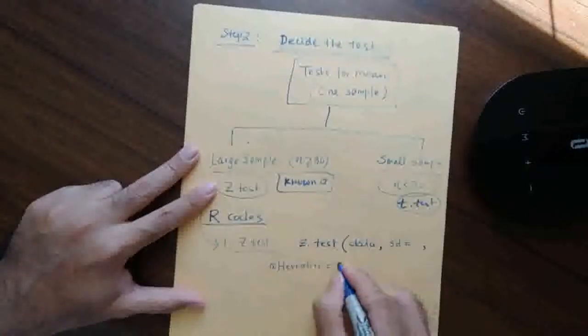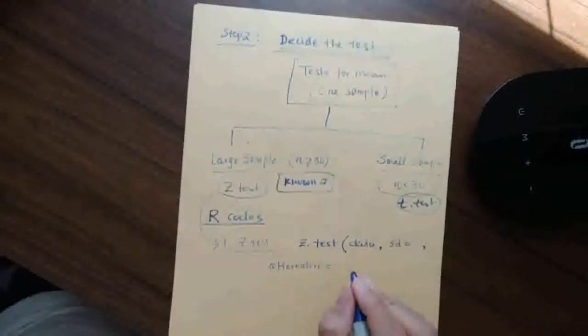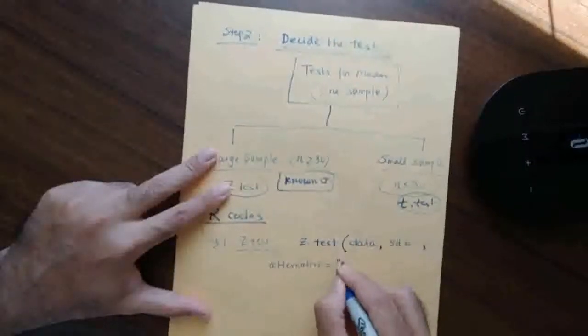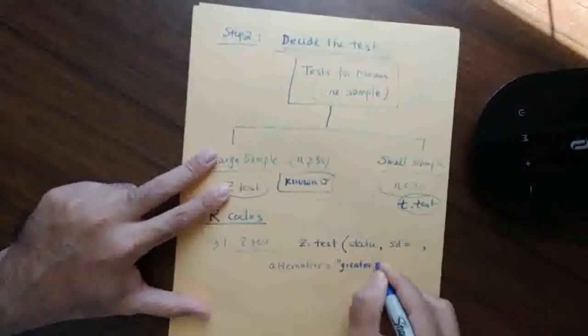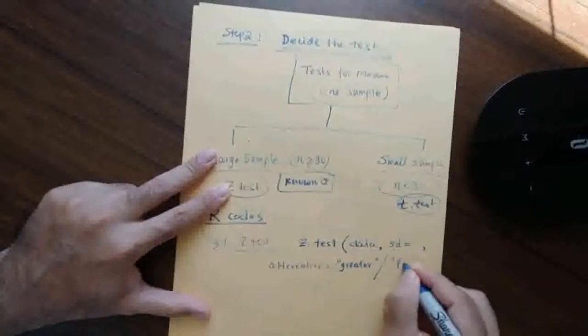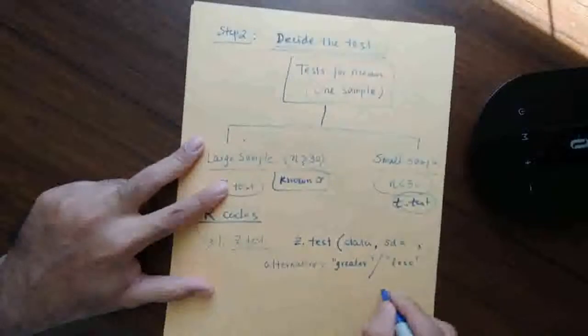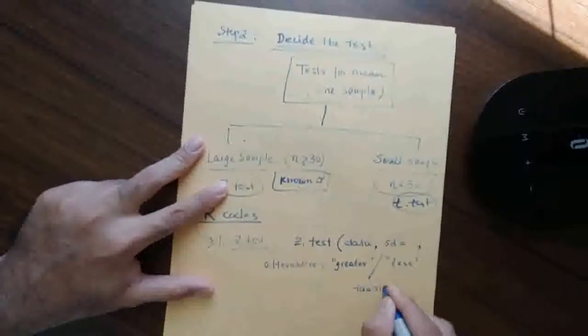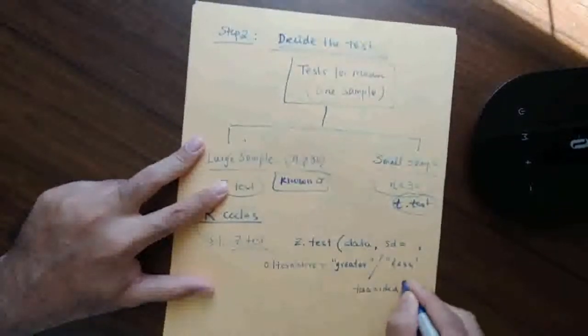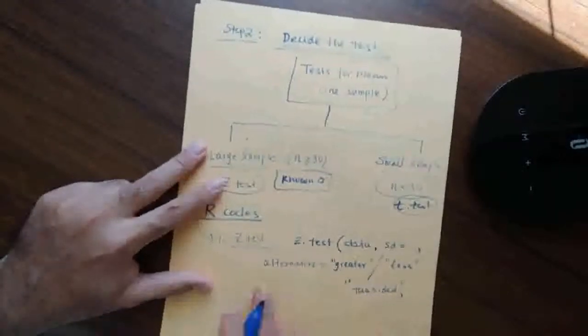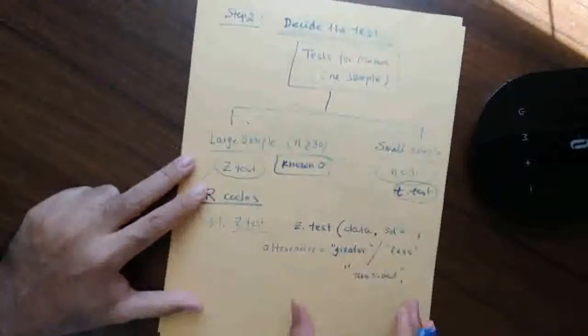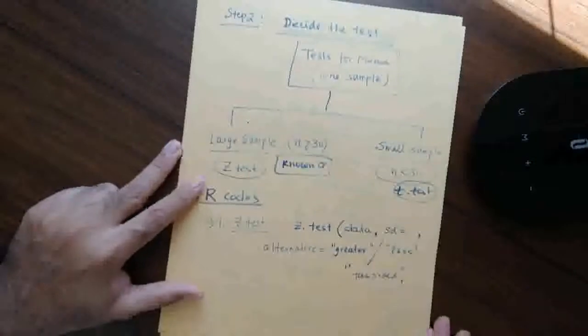That will be under the alternative. You have to put it under the alternative whether it's greater, or there will be a choice less, or there will be a choice like two-sided. So those are the choices for the alternative that you need to put in, depending on which one you are using.